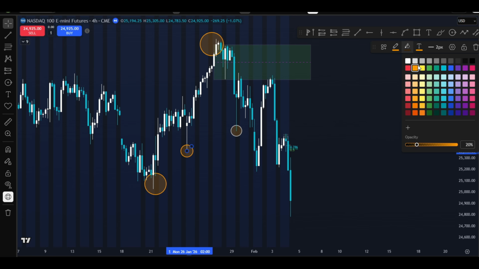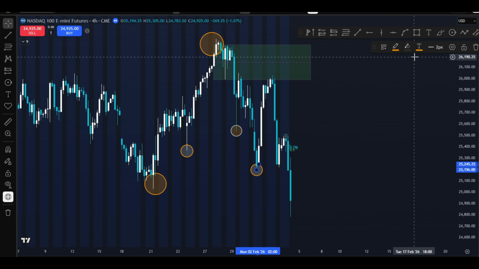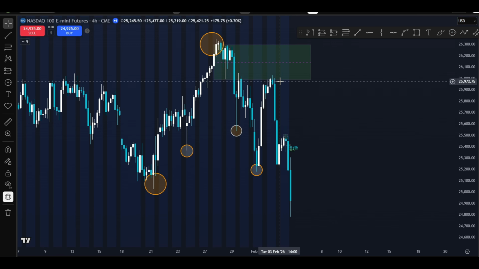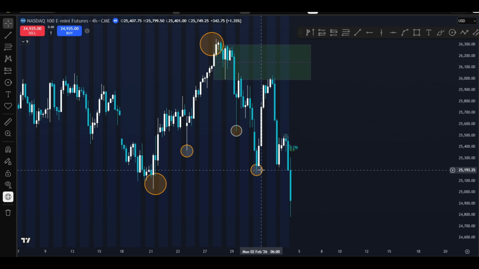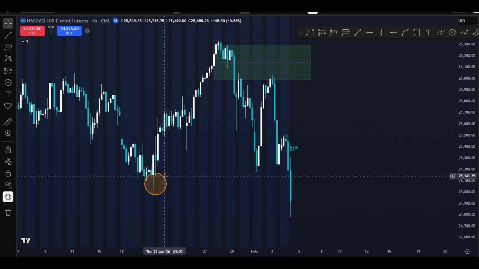So these are all internal liquidities being grabbed, and then you have these ones as well, right? So all these are internal liquidity that's waiting to be grabbed. So once the internal liquidity sweeps into external, you can expect all these external liquidity to get swept. Okay, those are the most probable targets that you can target.